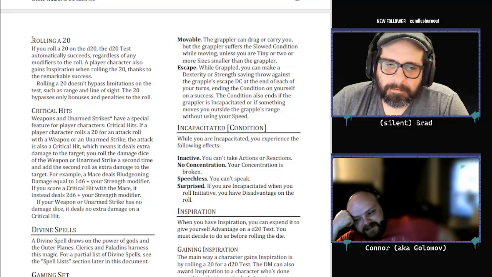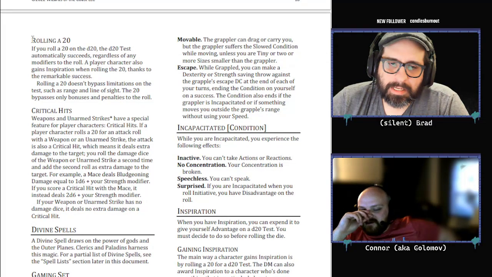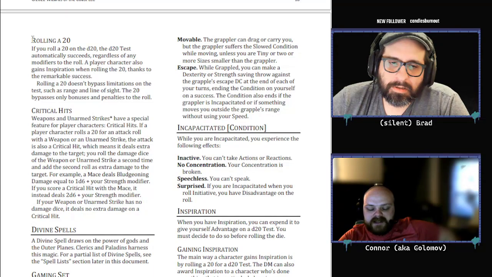The problem is that it innately makes some spells stronger than others, because you have the chance to crit. Say for instance a fireball versus a, I want to say ray of frost, but same thing.